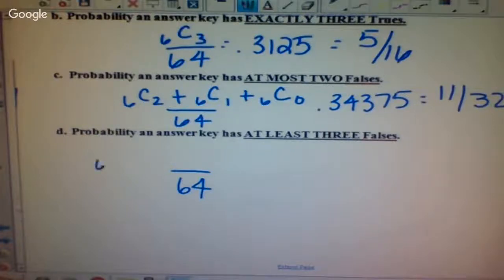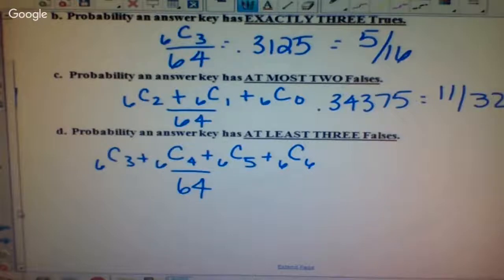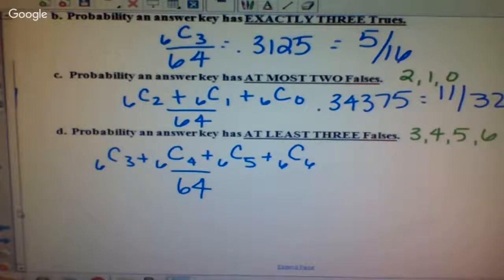So we've got 6C3 or 6C4 or 6C5 or 6C6. That's 0.65625 or 21 over 32.